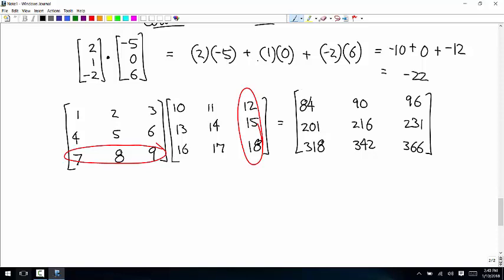But if you just enter into your calculator the matrix 1, 2, 3, and so on, and in a different variable, you put in 10, 11, 12, and so on, and then you just use the multiplication symbol between those two, it'll spit that out much faster than doing it yourself.